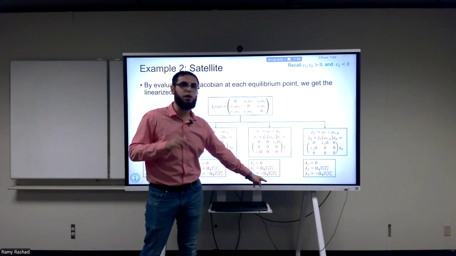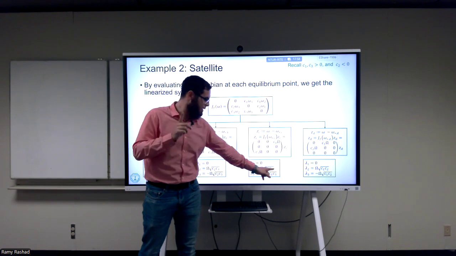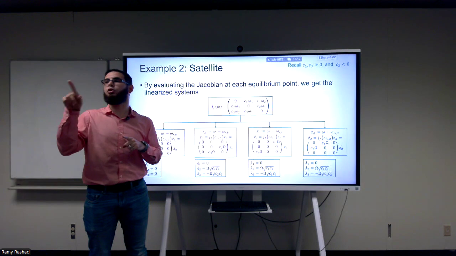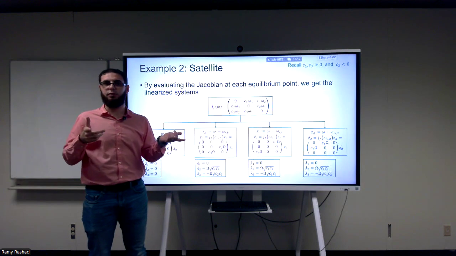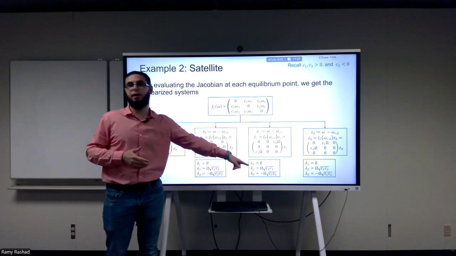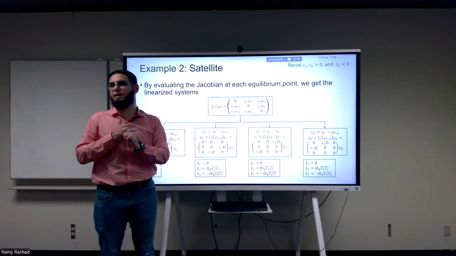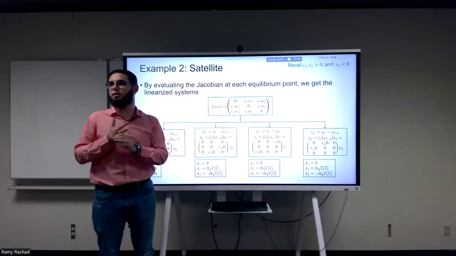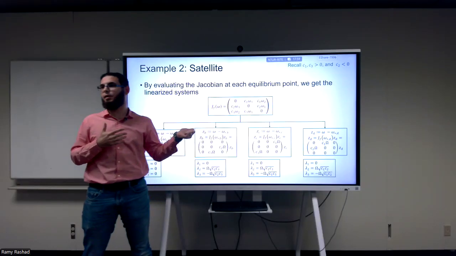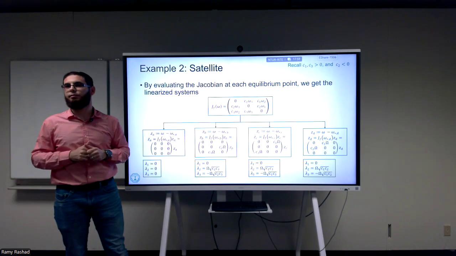You have the square root of C1 and C2, sorry, C1 and C3. One of them is positive, one of them is negative. Their product is negative, so the same happens for it. Here the square root of them is positive, so it's real. There are no imaginary numbers. So in the end, what do we have here? We have one eigenvalue that's 0, another eigenvalue that is positive, and another that is negative. What do we conclude about the stability? It's unstable.